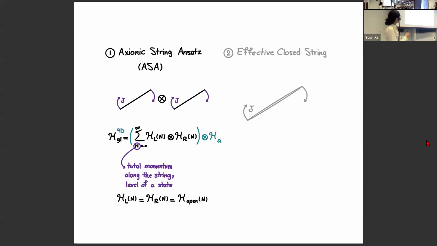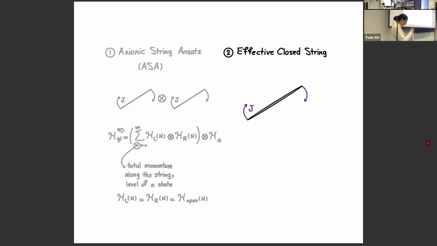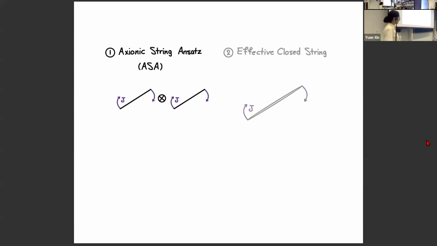Axionic string gets its name from 4D, where there is evidence to believe that we have an additional pseudoscalar degree of freedom on the worldsheet. So we have to add this axion, which I will talk about more. The second way of thinking about this string description is to directly work with the closed string.